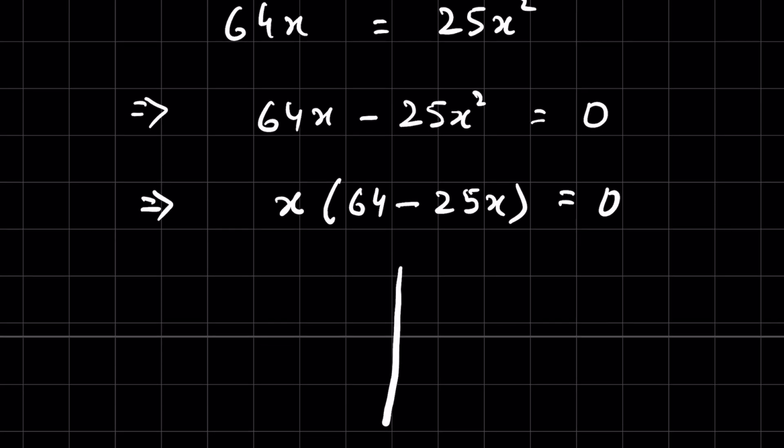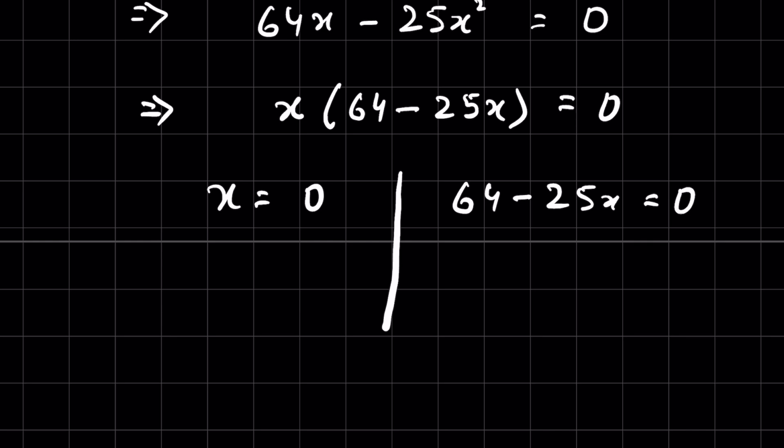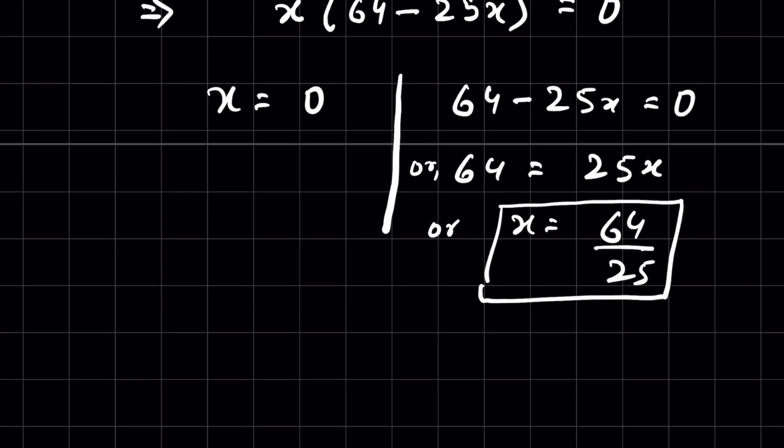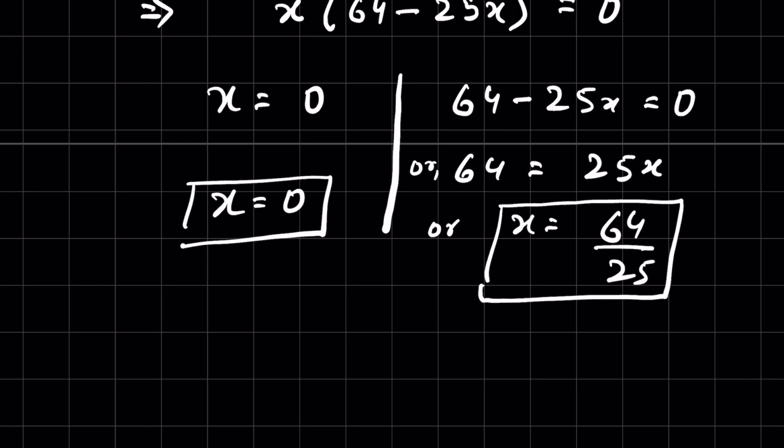Now this means there are two solutions: x is equal to 0 or 64 minus 25x is equal to 0. Here 64 is equal to 25x, or x is equal to 64 upon 25. So you see, one solution is x is equal to 64 upon 25. Another solution is x is equal to 0.